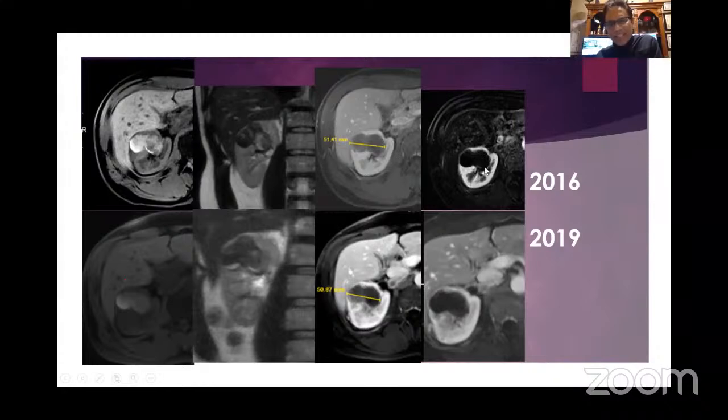There is no abnormal enhancement within it. We followed this lesion for 3 years, and you can see that there is hardly any change. There's still some hemorrhage. It is still looking ugly, but there is no enhancement on subtraction images, which saved nephrectomy for this patient.